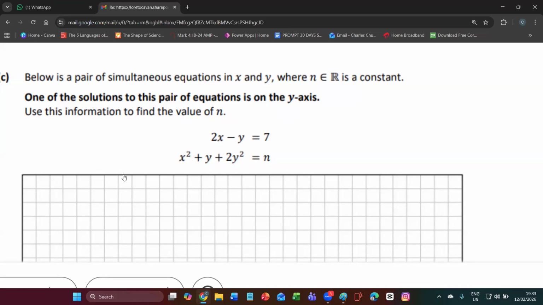One of the solutions to this pair of equations is on the y-axis. Let me try to decode what these guys are up to.